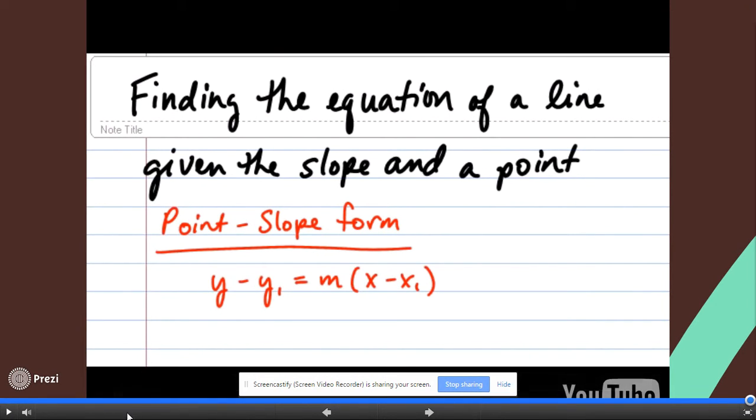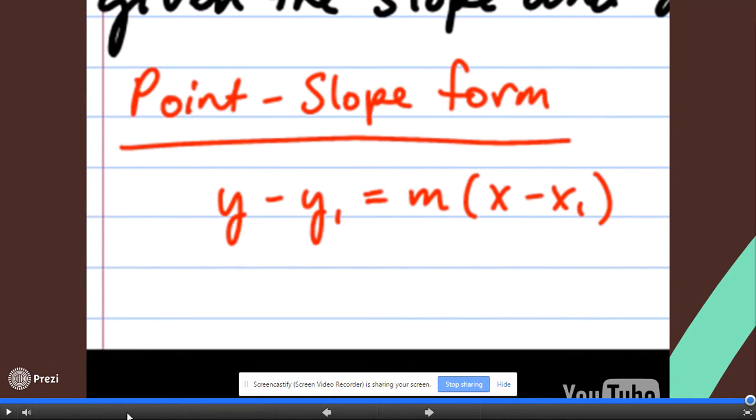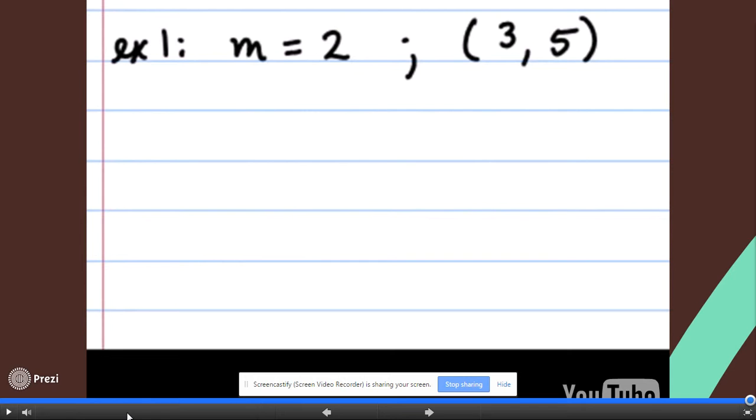To find the equation of a line given the slope and a point on the line, we're going to use the point-slope form: y minus y sub 1 equals m times x minus x sub 1. Let's look at an example. If the slope is 2 and our line passes through the point 3, 5, we'll plug in these corresponding values into the appropriate place of our point-slope formula.